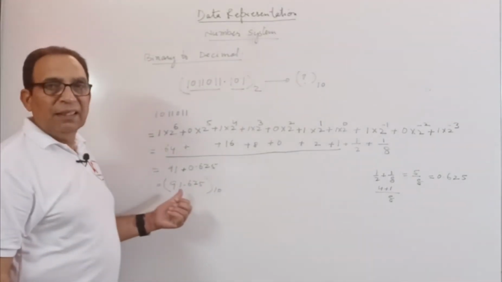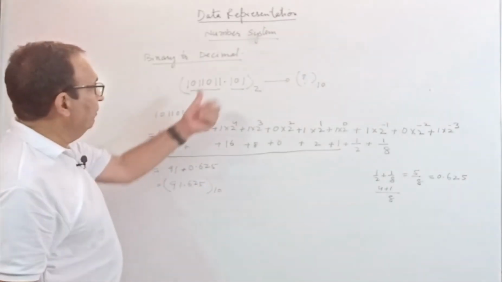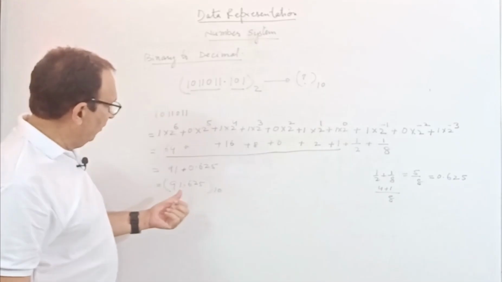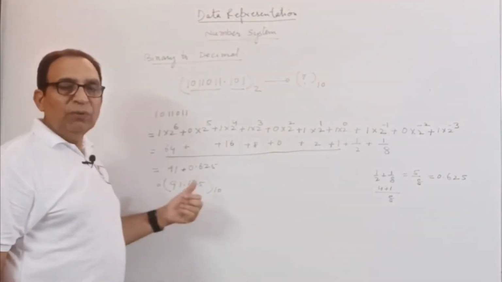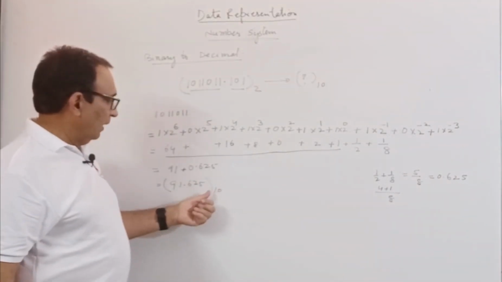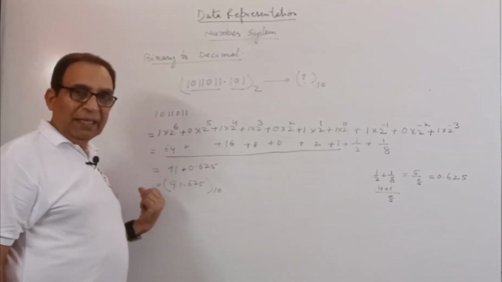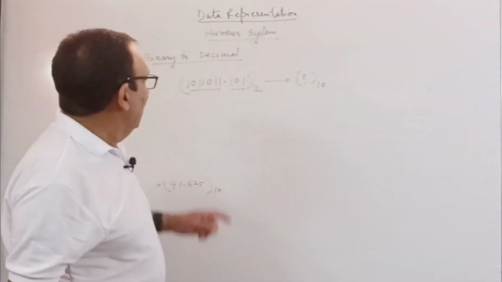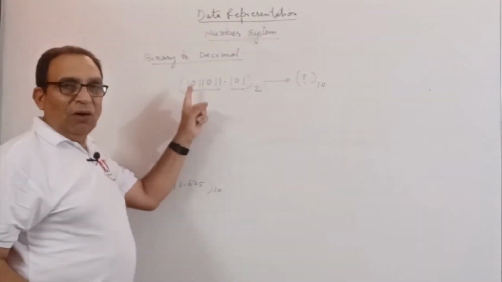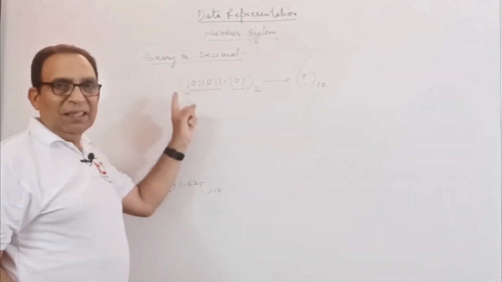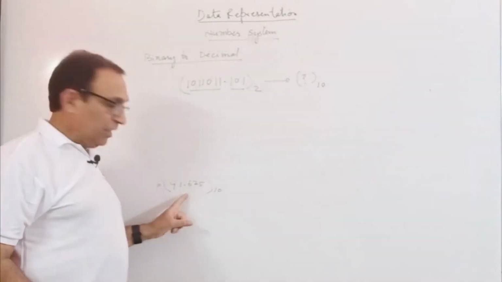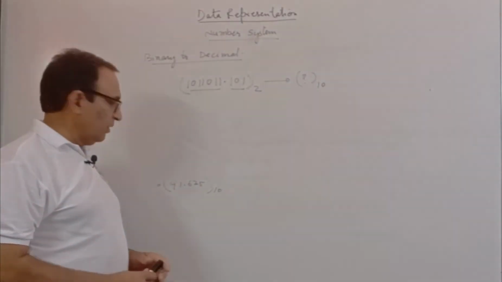This is the decimal equivalent of this binary number. Here itself, let us learn how we can convert a decimal number to a binary number. You have seen that on converting this binary number, we are getting the decimal number 91.625.